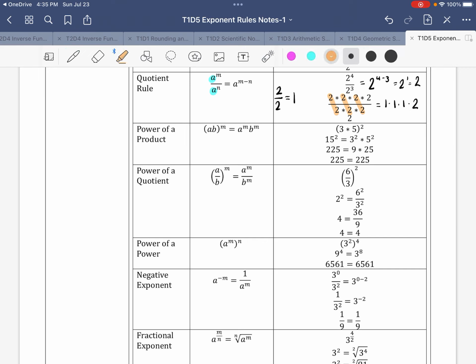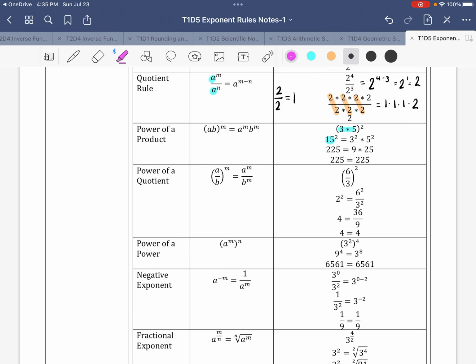So we know that 3 times 5 equals 15, right? But what we can also do is use this rule, 3 squared times 5 squared. And if we evaluate both sides, 15 squared is 225, 3 squared is 9, 5 squared is 25, 9 times 25 is equal to 225. And this proves that we can use our power of a product rule.